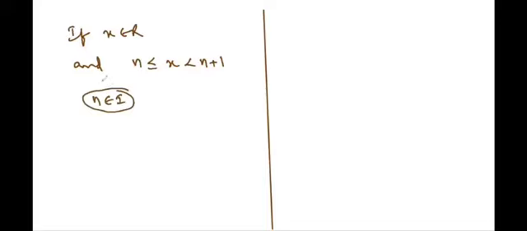If x lies between n and n plus 1, but x can be equal to n, no problem, then step of x is always the floor. Floor means this one. So step of x is equal to n.